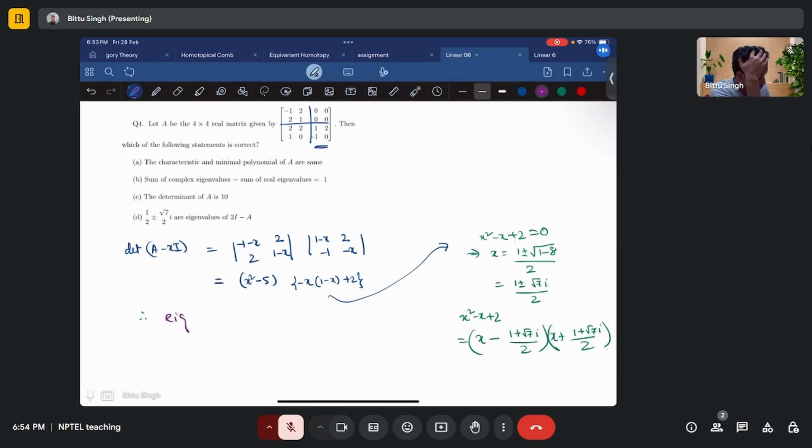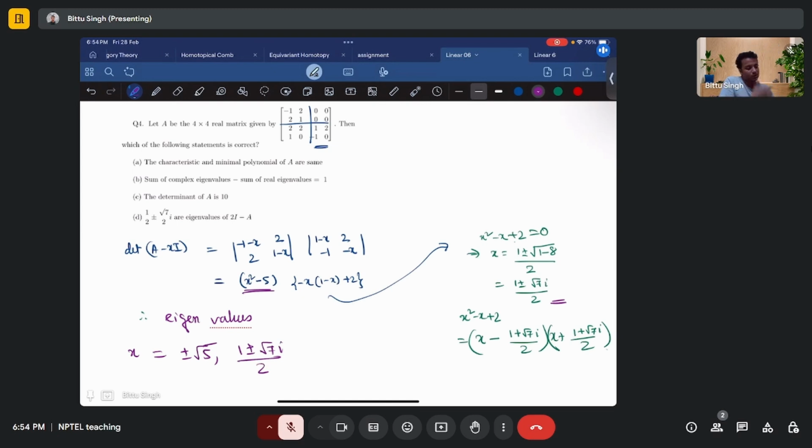Therefore, the eigenvalues. So what are the eigenvalues? From x square minus 5 equal to 0, if we solve here, we will get x equal to plus or minus root 5. And we already have from here, it is 1 plus or minus root 7i by 2.